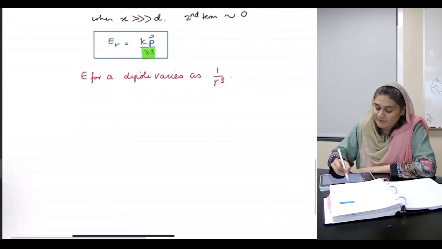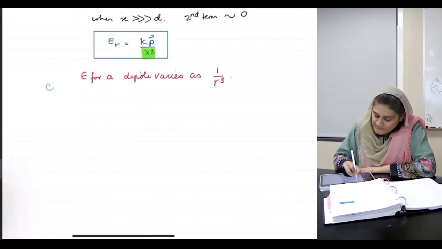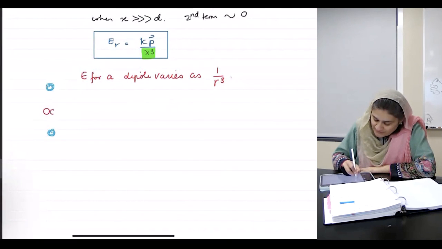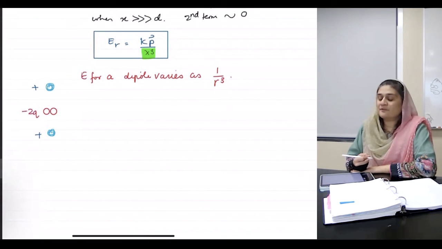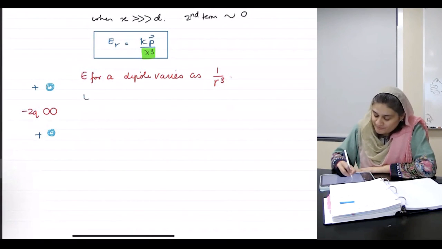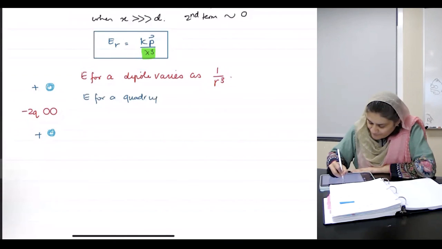So a quadrupole looks like this. 1 charge here, 1 charge here, 2 charges here. So suppose this is plus, plus, then minus 2 cubed. What do you think E for a quadrupole varies as?